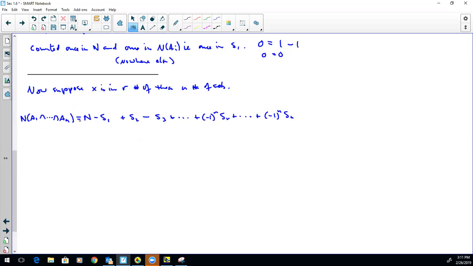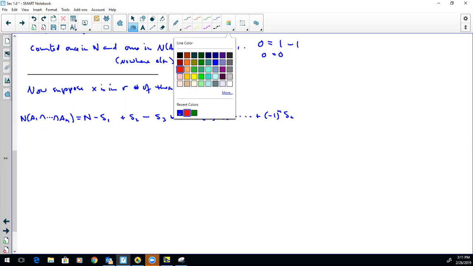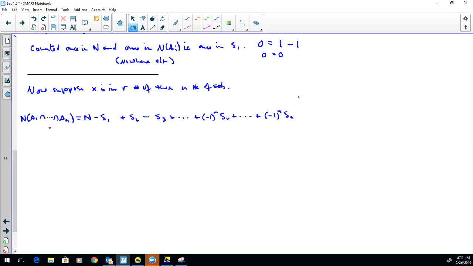So X is in this set, this set, this set, this set, this set, but not here, because I'm not writing it very well at all.